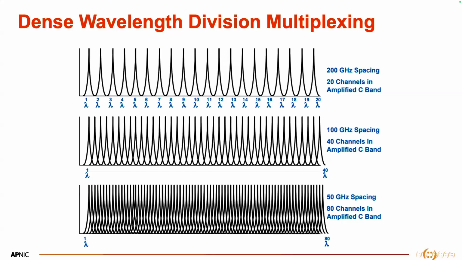What do I mean by this statement? You have to make sure you are using a proper number of amplifiers, proper line amplification along the path, in such a way that all the 80 lambdas are able to maintain the same kind of signal strength from start to end.